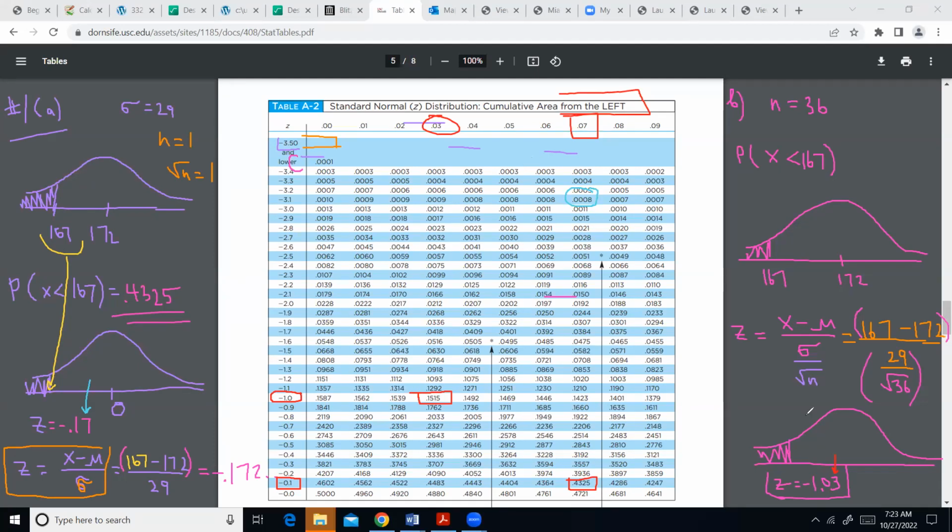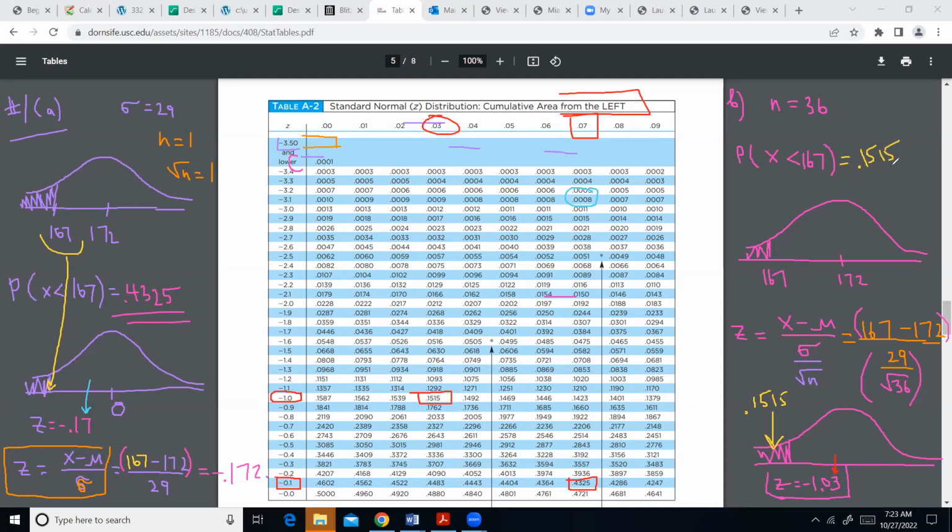This area, again, is to the left. It is 0.1515. And that's what we need. So that's the answer. That's our probability, 0.1515.